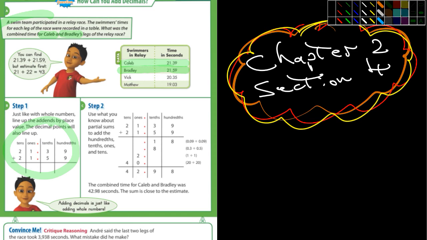In step one, they just show you how to line them up. I've told you this before, and you should remember this from fourth grade. When you add and subtract decimals, probably the most important thing to do is to line up the decimals.